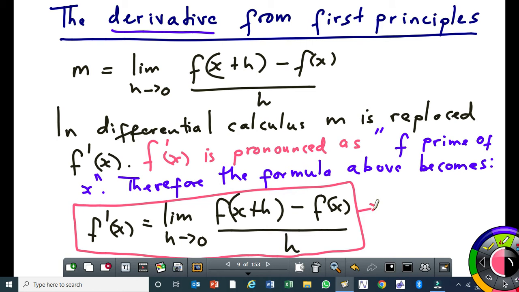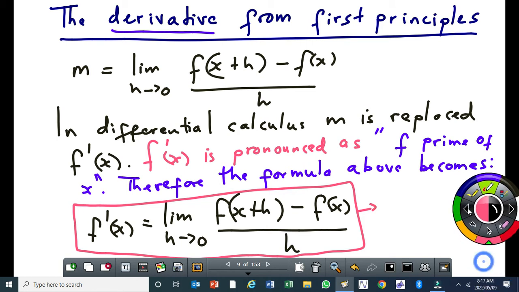Now, I want you to be aware that when you write this formula, it is provided on the information sheet. But over the years, I have seen that learners write it incorrectly. This limit part, pay attention, is never written on the left-hand side of the equal sign.